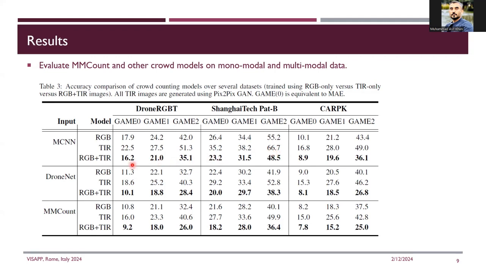You can see that the RGB and TIR multimodal architectures always have lower mean absolute error and GAME values for all the 3 models on all the data sets. The difference might be lower in some cases and higher in some cases, but there is always some level of improvement in the performance.